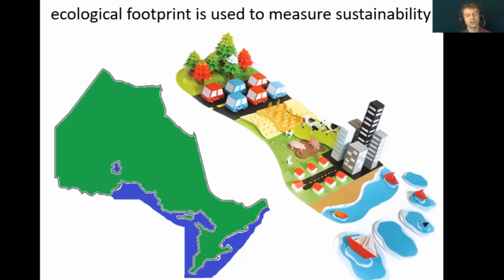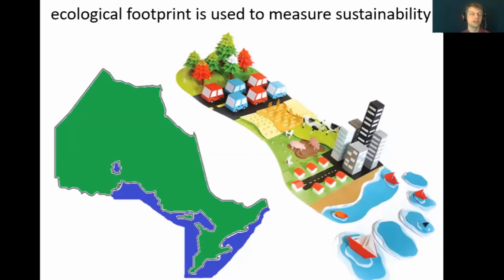And that leads to another important teachable point, and that is that many of the things that we consume in Ontario come from outside of Ontario. And many of the things that we produce in Ontario were made to be consumed outside of Ontario. In other words, Ontario trades lots of stuff with the rest of the world.